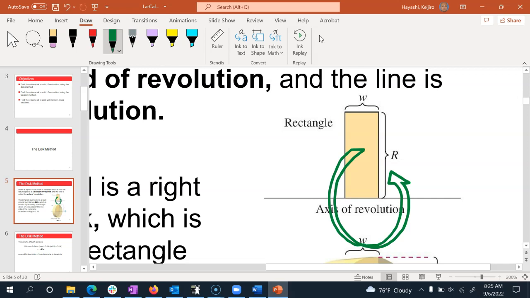It would form a thin cylinder, a thin flat disk, as it rotated around the axis of revolution.